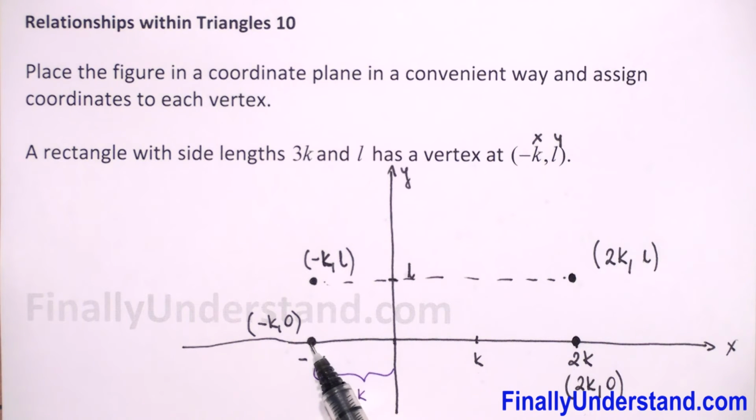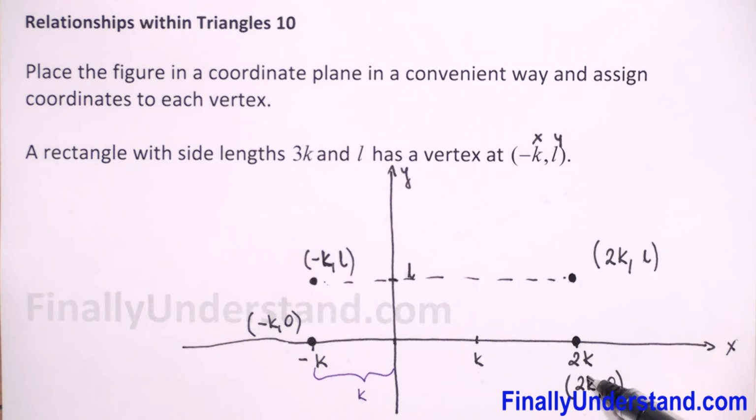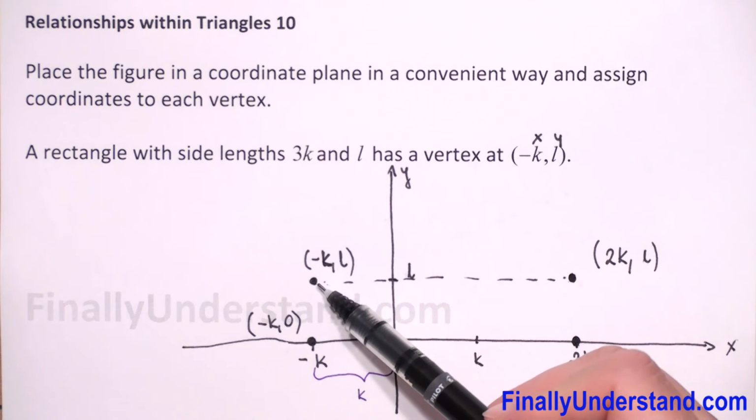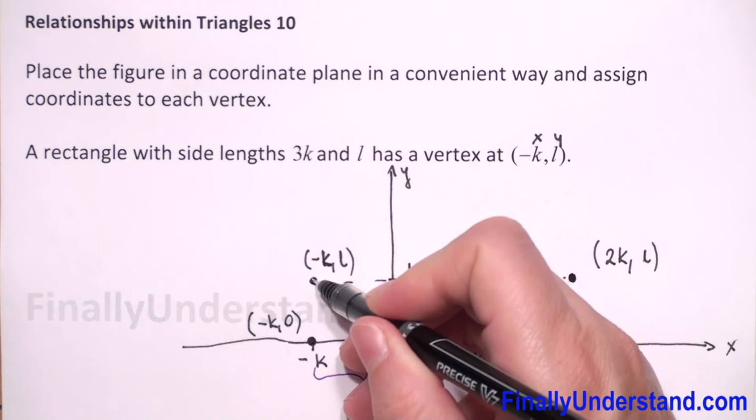The distance from this point to that point is the same as from this to that. So the first coordinate must be the same as for this point, and the second coordinate must be the same as for that point.